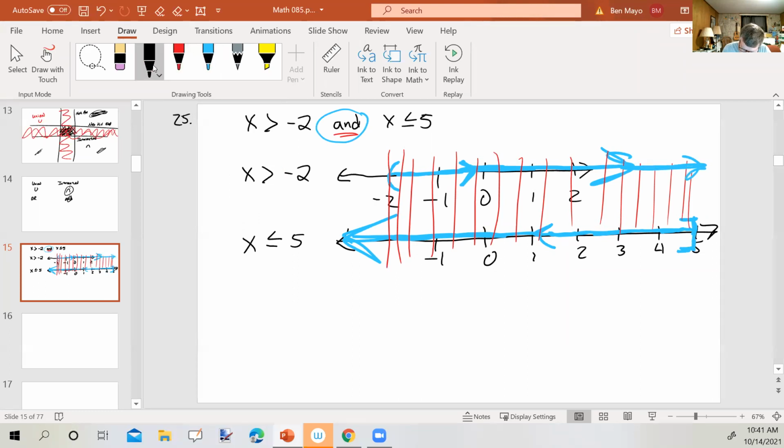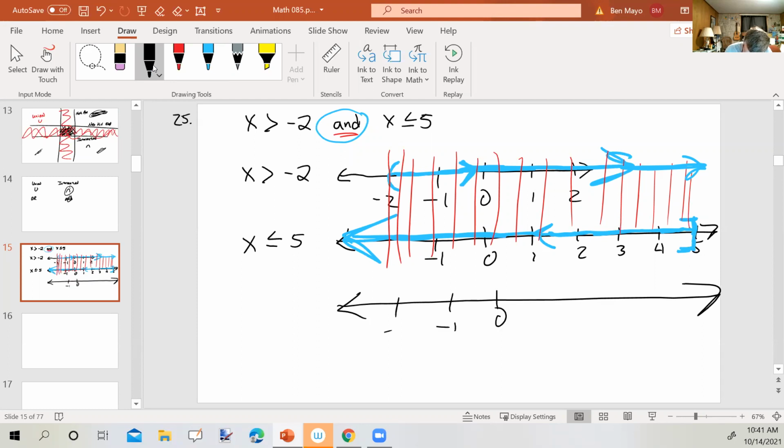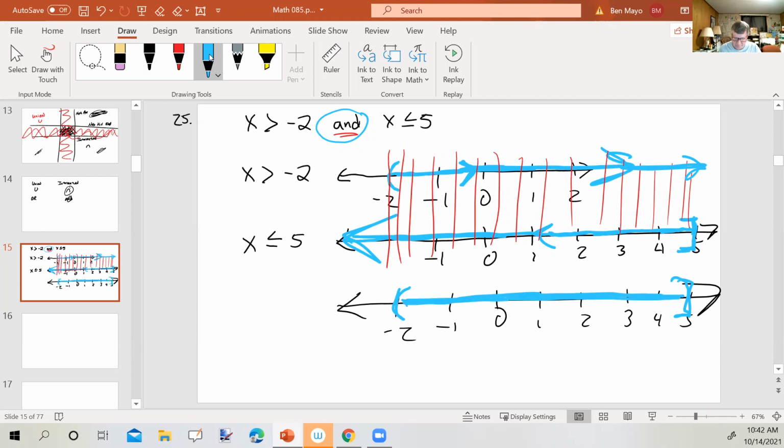Okay. So if we were to graph the intersection, it would include everything from here to there. That's where the two overlap. Okay.